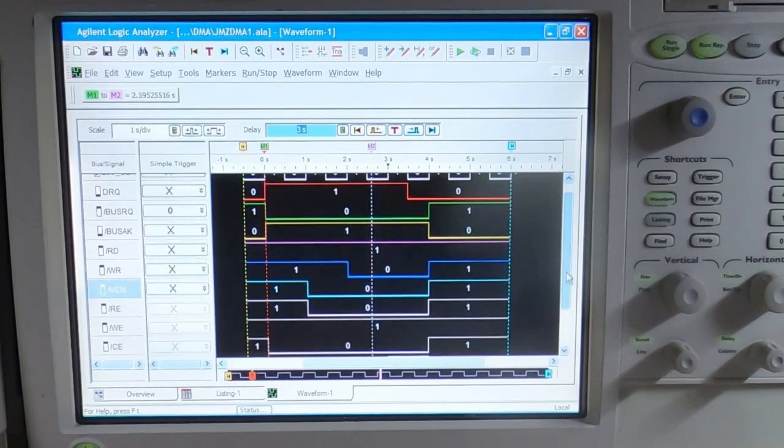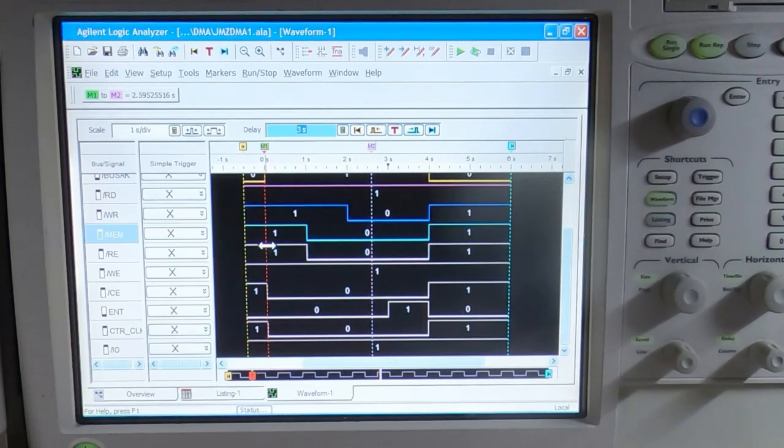The other signals, the chip enable line for the floppy drive controller is also going low for the entire cycle, which is what it should do. The count enable line going to the address counter towards the end of the cycle goes high, and the clock going to the counter also goes high at the same time, and that is to increment the counter.